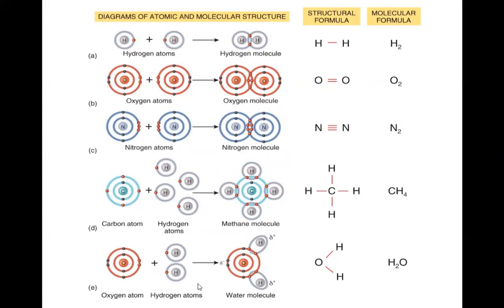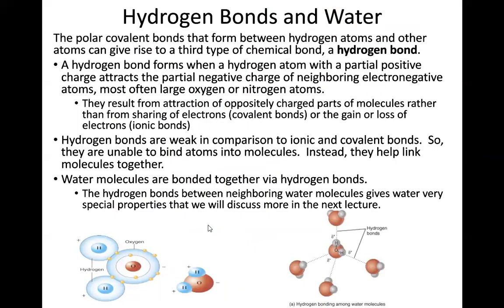So we can say water as a molecule is polar. It is partially charged in distinct different regions. Now, what's the importance of that? Because that affects our third and final type of bond, what we call hydrogen bonds.